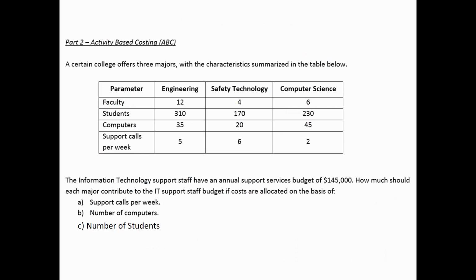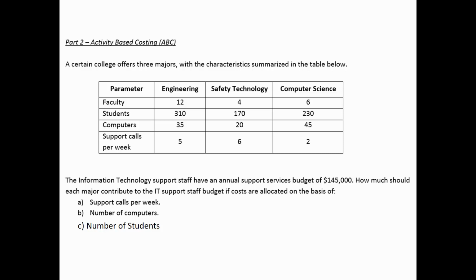So on the back side of the paper that I've given you is a college where we've got some information related to the information technology support. And so let's say that there is a college that has an engineering division, a safety technology division, and a computer science division.